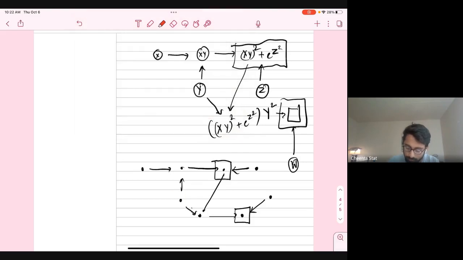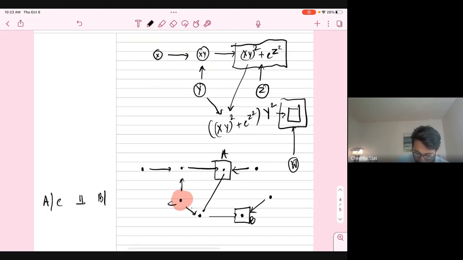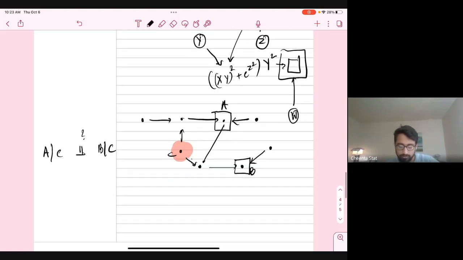So given this maybe. It's asking whether this is independent of this given this. It's a complicated structure. Is A independent? Yes or no? Let's check what kind of thing this is.